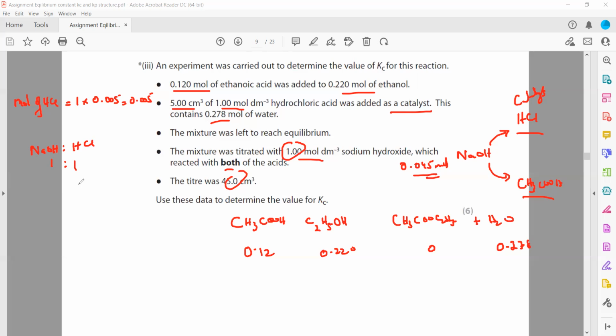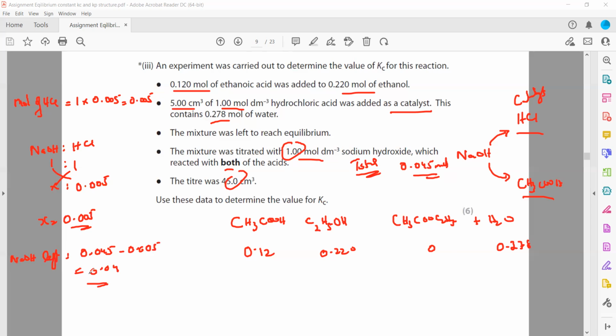Because the limiting reagent has 0.005 moles, cross multiply: 0.005 moles of sodium hydroxide are needed, but we have 0.045 in total. Out of this 0.045, we use 0.005. So how many moles of sodium hydroxide are left after reacting with hydrochloric acid? 0.045 minus 0.005 gives us 0.04.